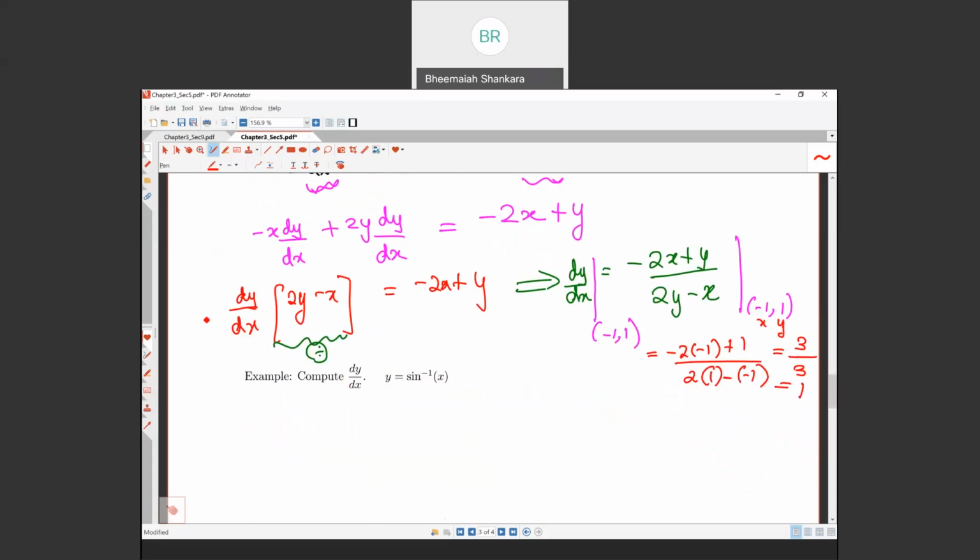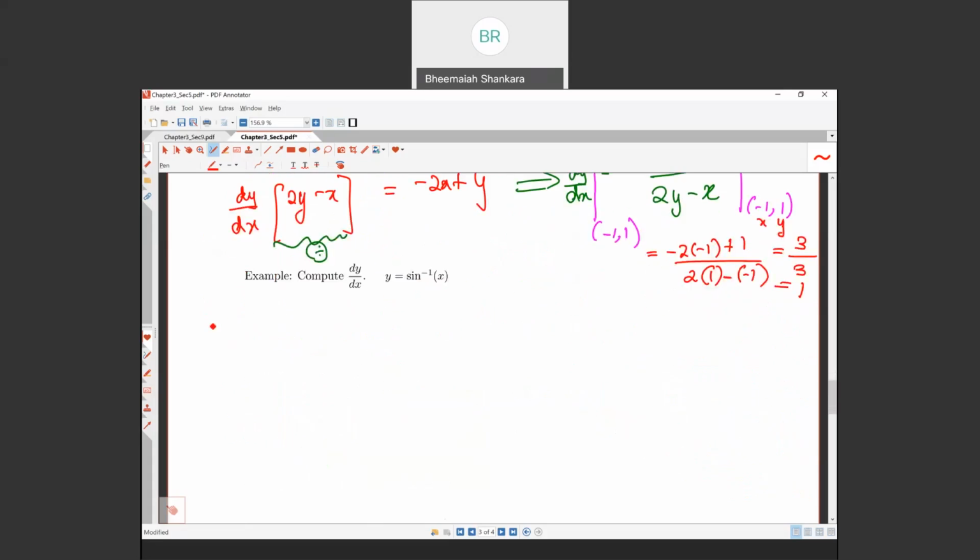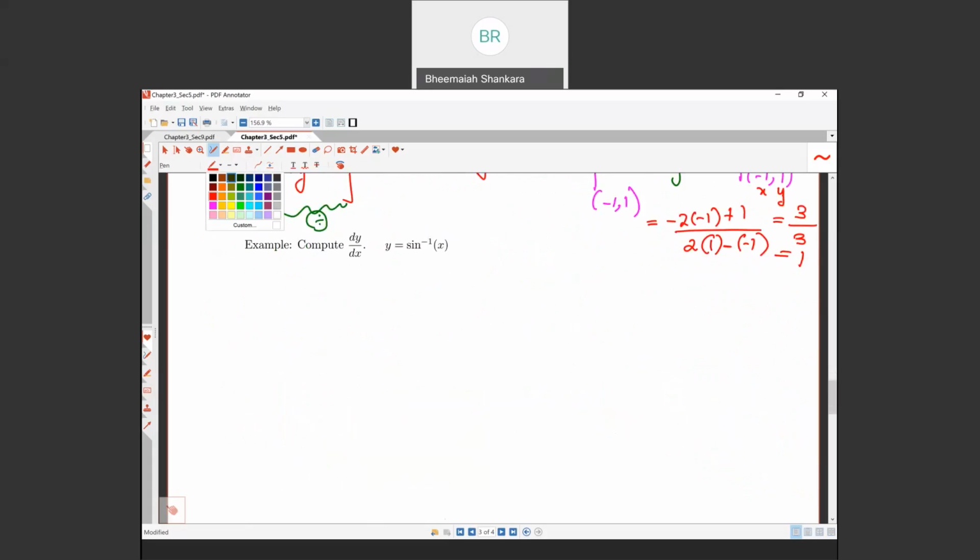Then you have an inverse trigonometric function and you're asked to find the derivative dy over dx. So let me draw a triangle for this inverse trigonometric function. Suppose this is an angle y and the sides are x and 1.